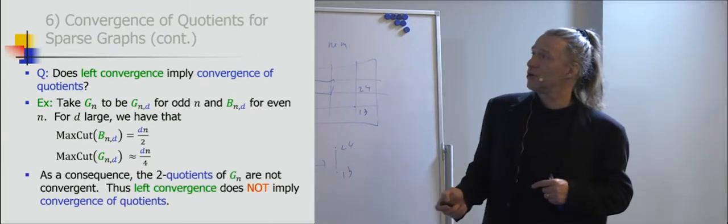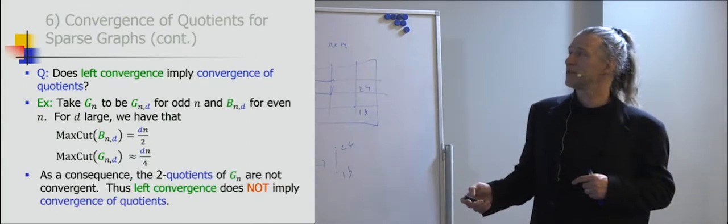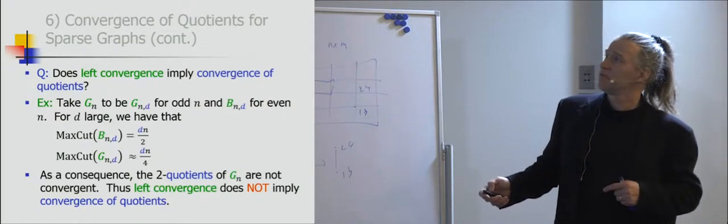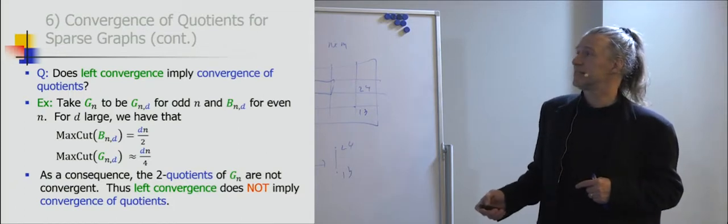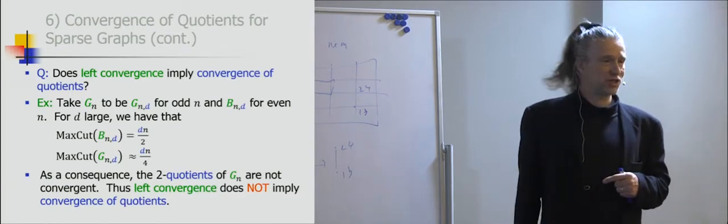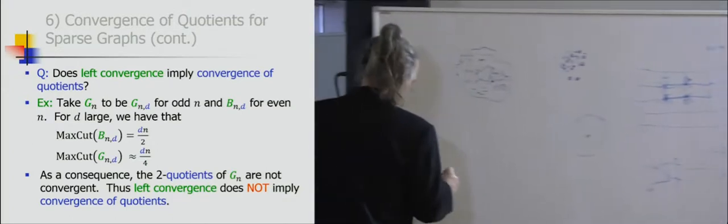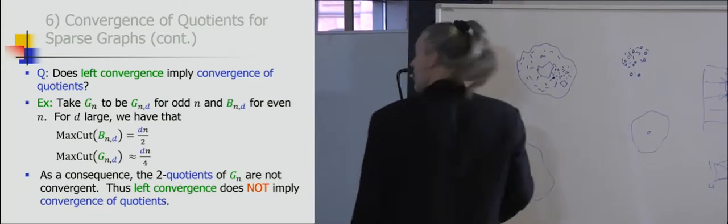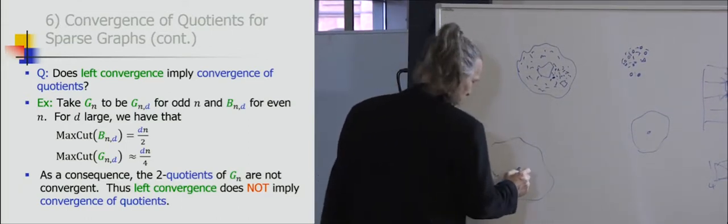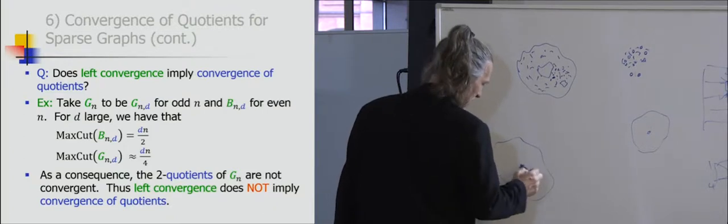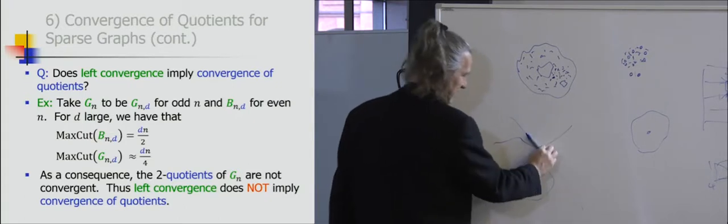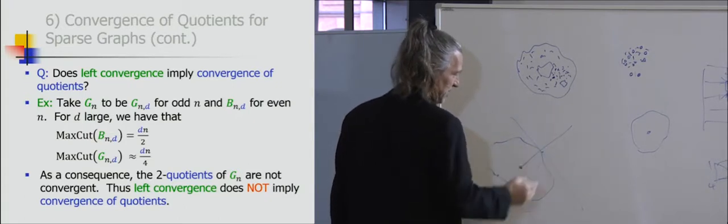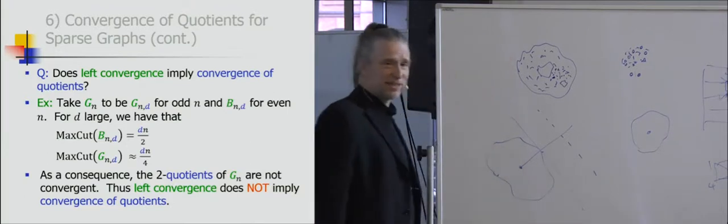And as a consequence, these are very different numbers. So what does that mean? Well, these max cuts are very different. So this means that the quotients are not convergent. Because if I have my quotient set and I calculate the maximum of beta 1, 2, then for one of the sets it converges to something, and for the other set it converges to double that much.